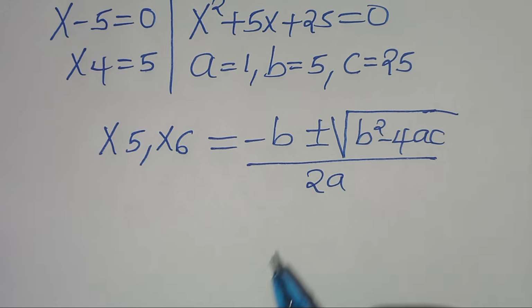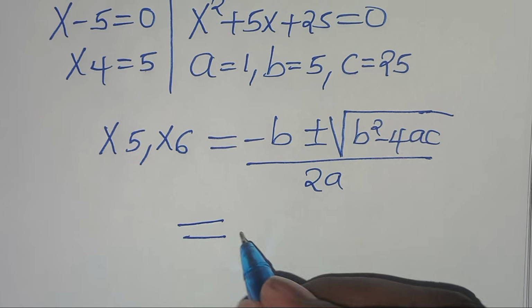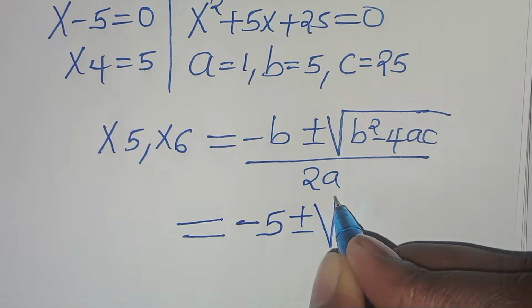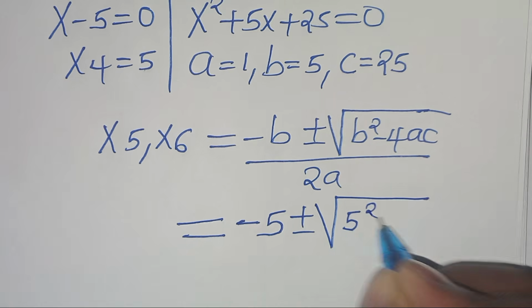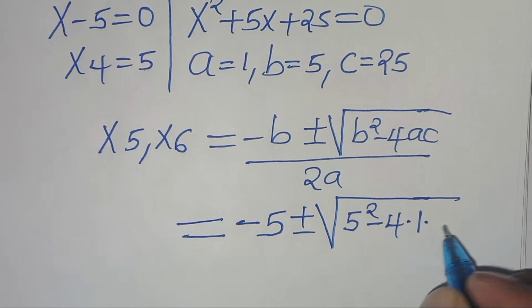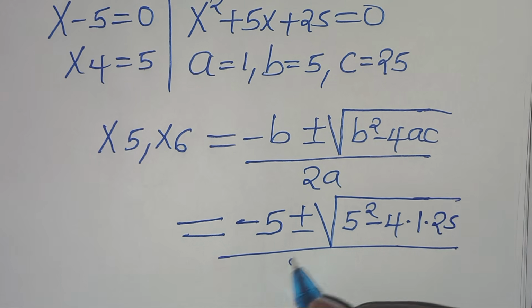Now let's substitute the values of a, b, and c, so that we have minus 5 plus or minus the square root of 5 to the power of 2 minus 4 times a, which is 1, times c, which is 25, divided by 2 times 1.